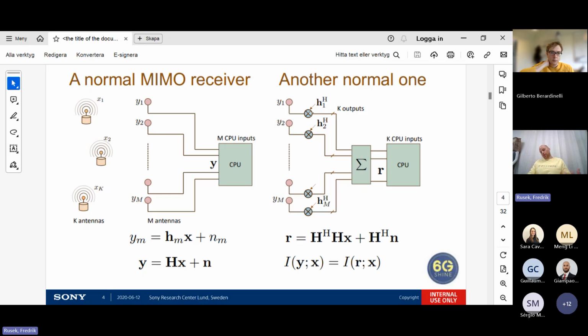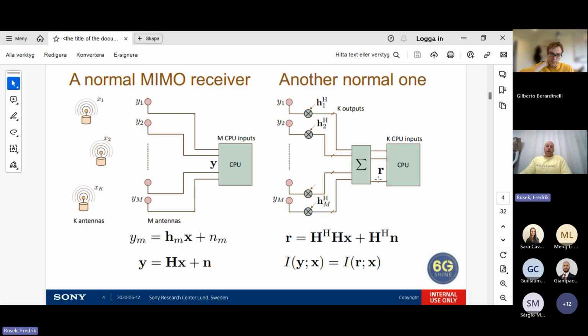So essentially, each antenna has to perform channel estimation, and then you weight your observation with the observed channel vector. Here you have K outputs, if you have K antennas, and then you sum it all up and pass the combined sum to a CPU. This is normally called a matched filter receiver.